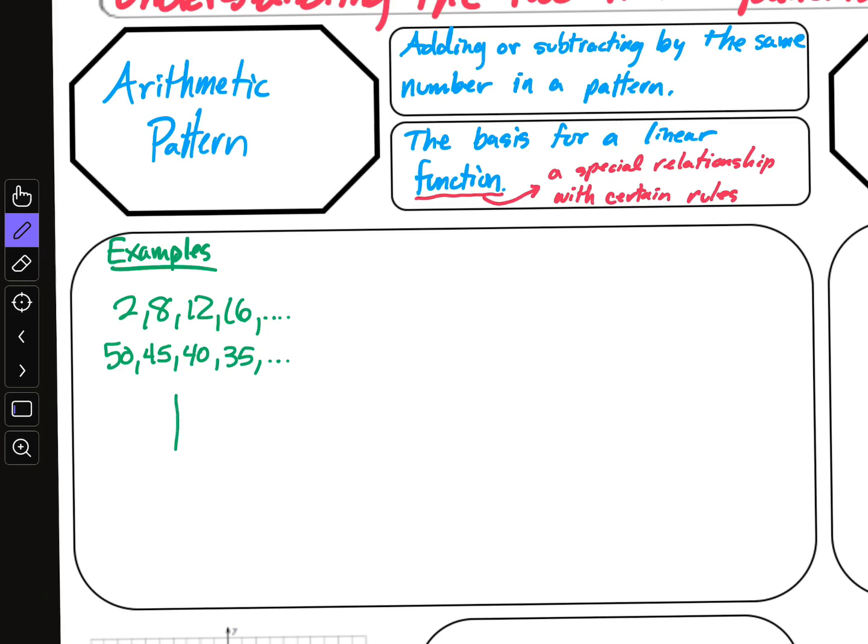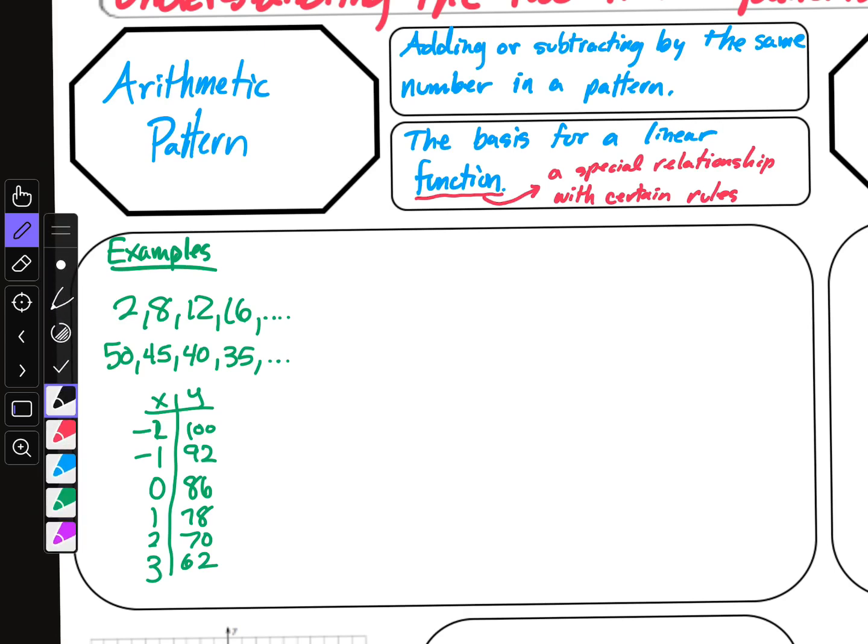So we may see it in a table as well, okay, with our input and our output. So input of -2, -1, 0, 1, 2, 3. Right? We have this 100, 92, 86, 78, 70, 62. Okay. Here we're subtracting by 8. Okay, so a pattern may look like a table. Okay, something like that.